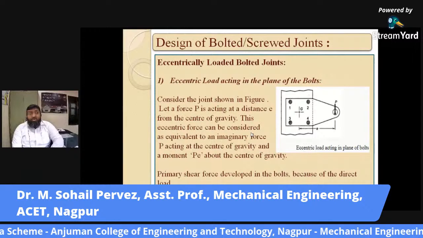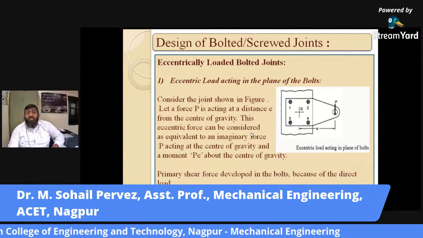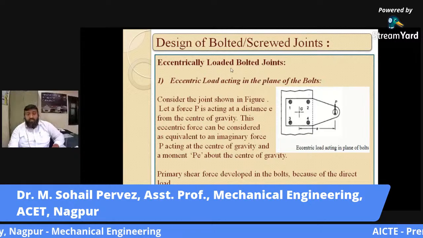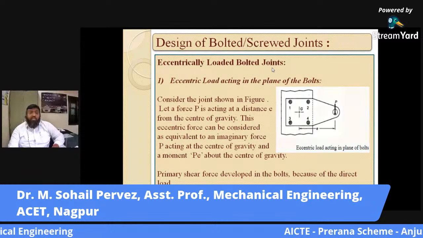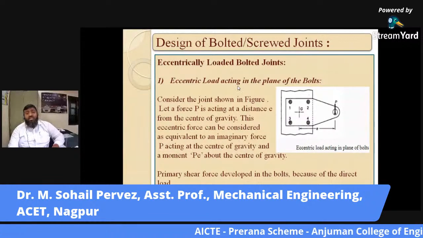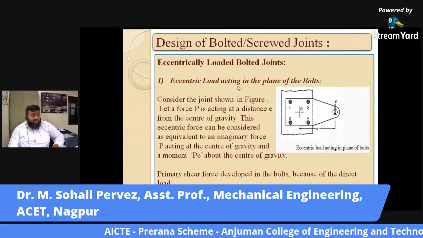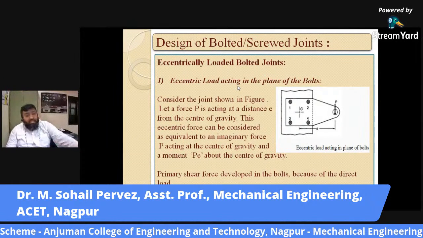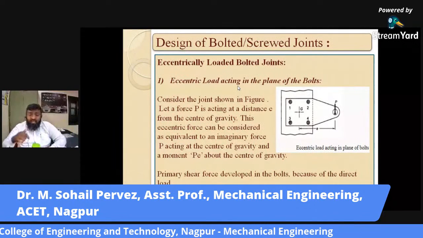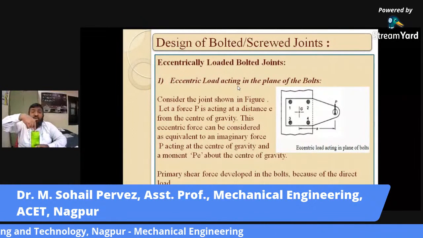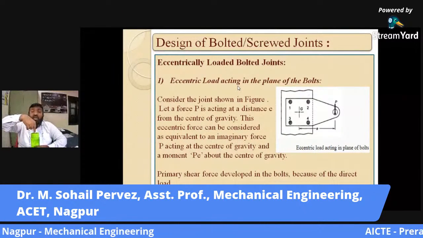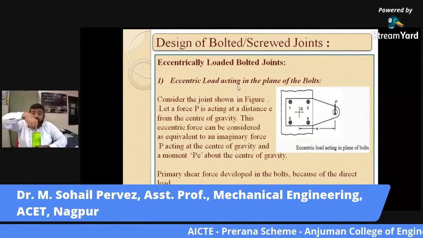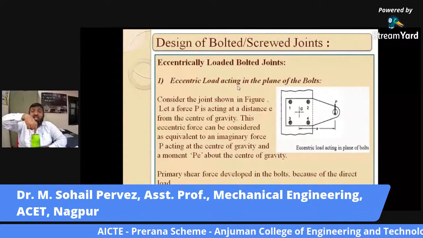And the most important part, as far as the numericals are concerned, is the eccentrically loaded bolted joints. When we say eccentric loading, it means a very simple element. Take the example here: if this is the center of gravity of this particular cap, and I apply some load at the center, it is known as axial load.